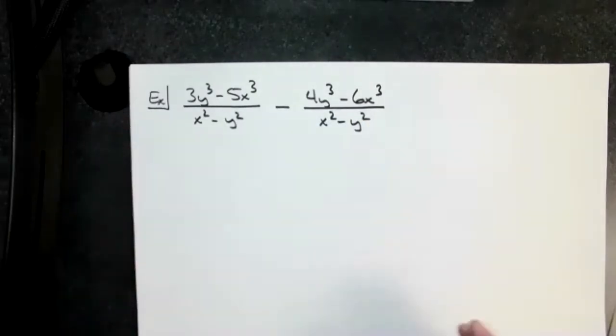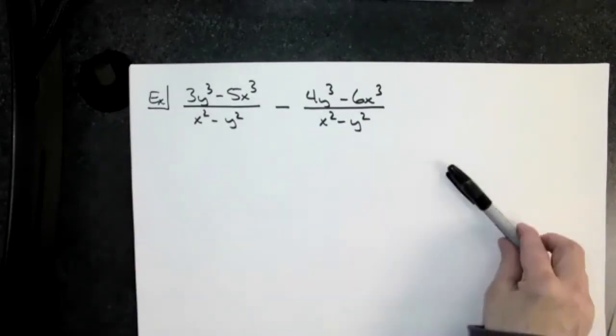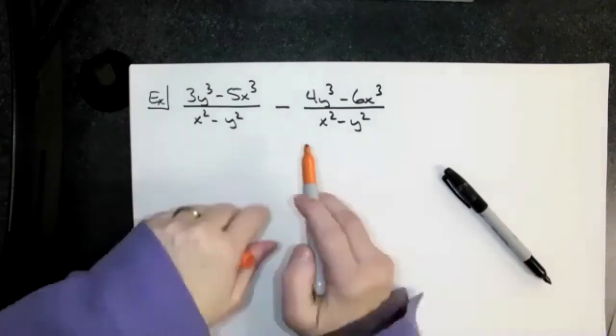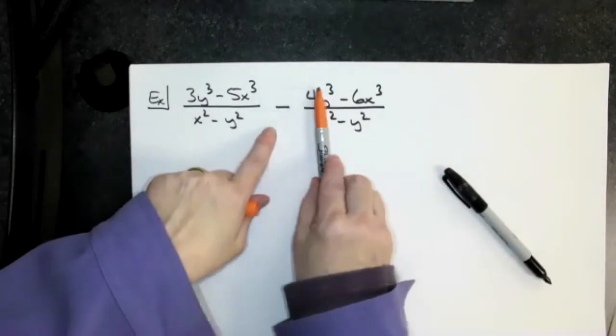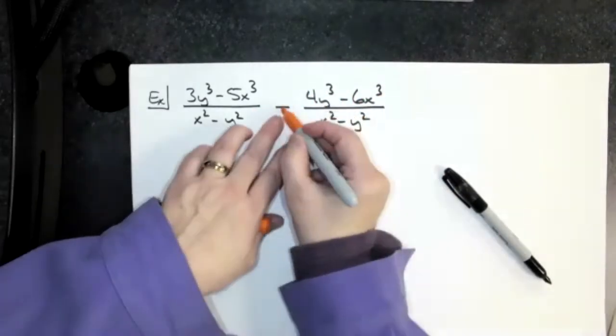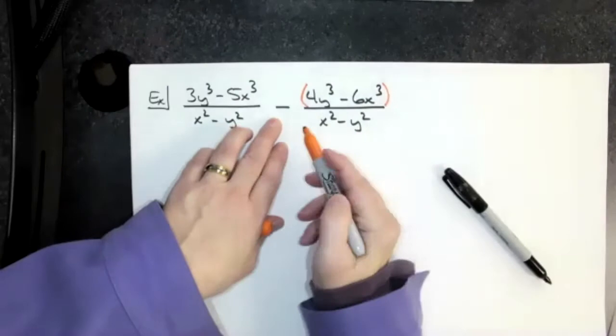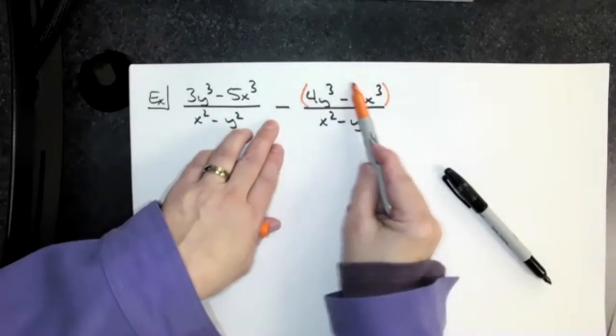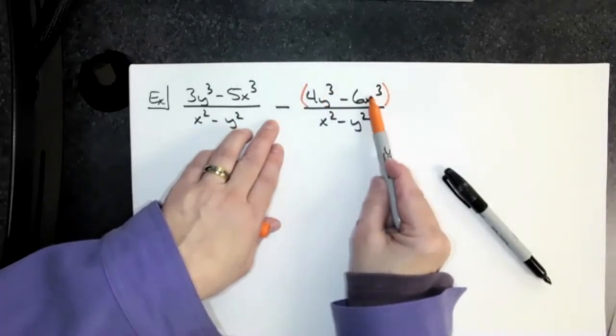So again, still common denominators. The reason I put in an extra step on this is because anything to the right of a minus sign, I have to subtract everything. So really, this is a quantity, and this forces me to go through and change those signs.